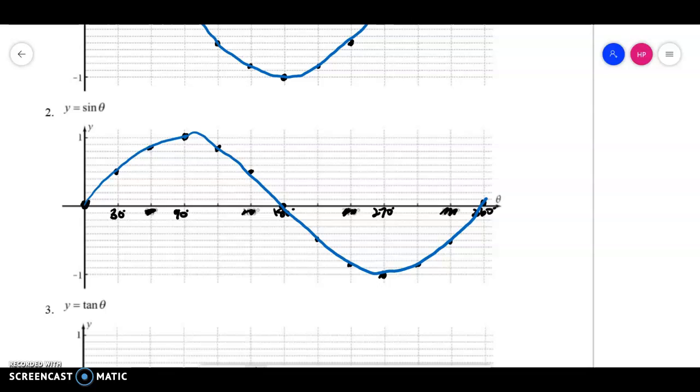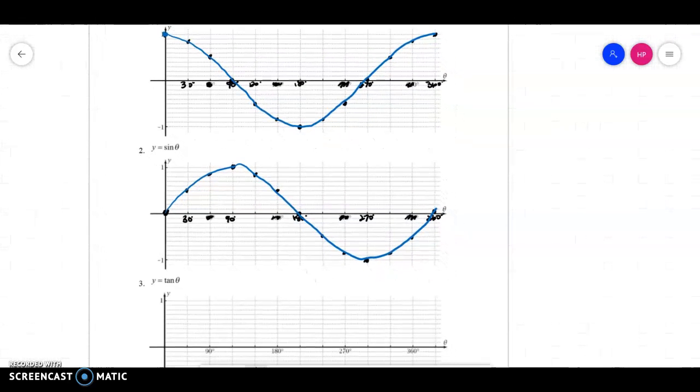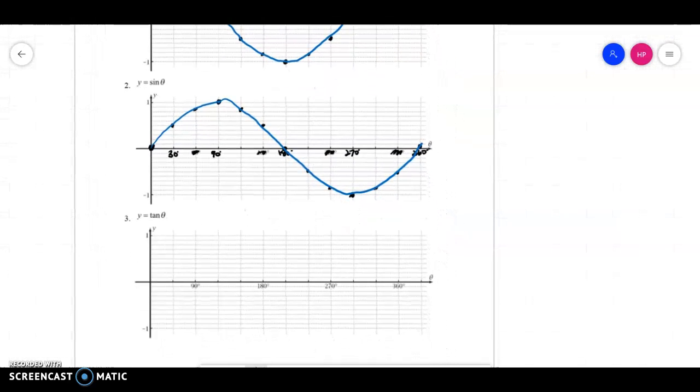But to wrap it up, to look at the tangent, and it helps to be able to look at sine and cosine together whenever we do this, because it is sine divided by cosine.